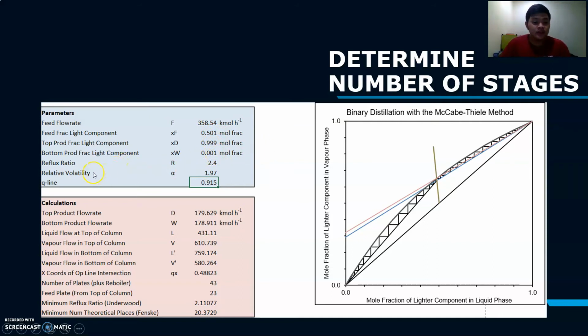Then we need our reflux ratio, which is 2.4, the relative volatility, alpha, equal to 1.97, and the Q line is 0.915.